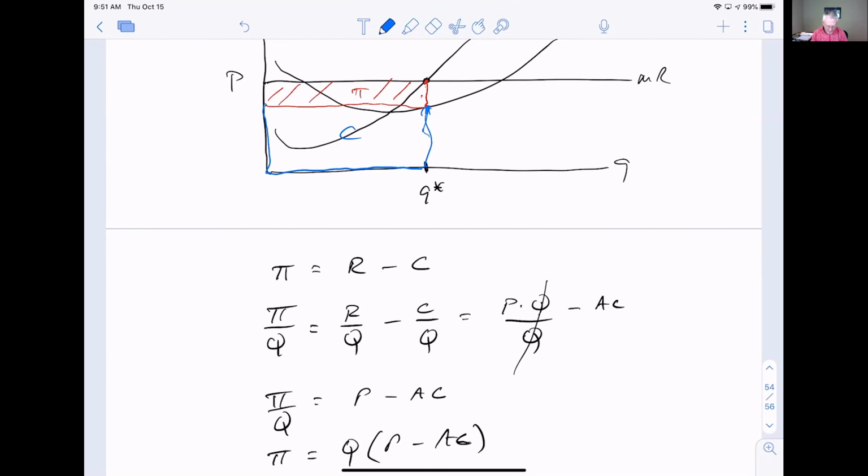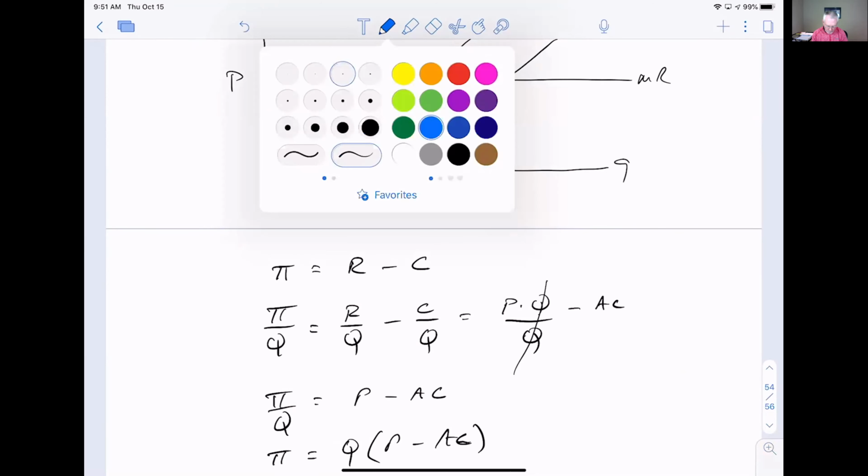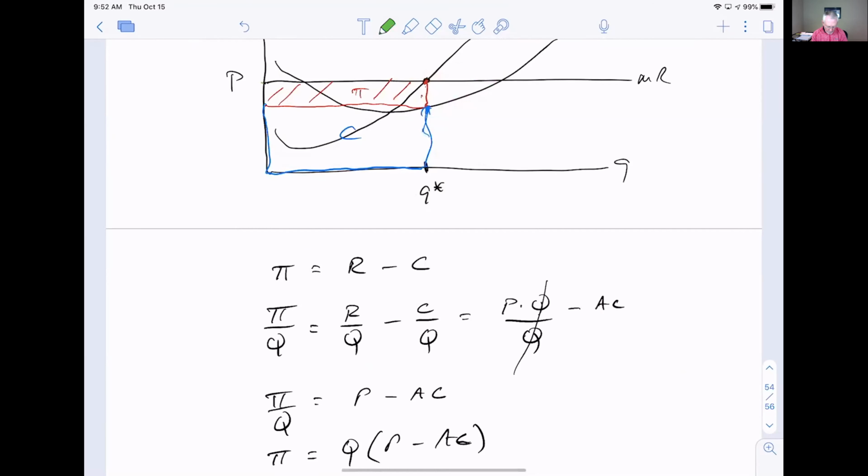And as I said before, this rectangle is price times Q. So this rectangle is total revenue. So revenue minus costs is equal to profit. So costs and profit add up to total revenue. So this firm will definitely be happy to produce because it can earn positive profits when it does so.